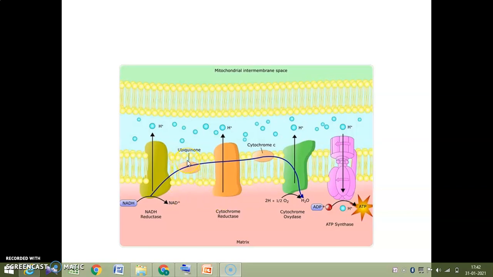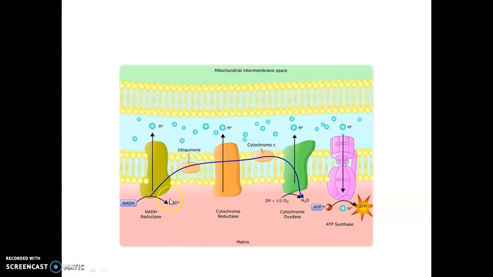See, ubiquinone is located within the inner membrane. Ubiquinone also receives reducing equivalents by the cytochrome bc1 complex. Here you can see cytochrome reductase enzyme, cytochrome c, cytochrome oxidase, and here ATP synthase.